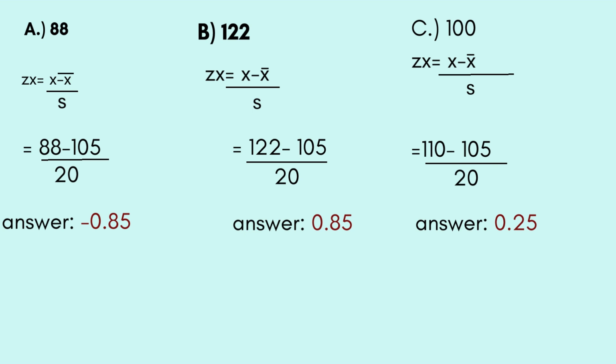So 0.85 is positive, therefore 122 is above the mean. And letter C, which is 110, same process. 110 minus 105 divided by 20, the answer is 0.25. So 0.25 is a positive number, meaning the z-score is positive, therefore 110 is above the mean.